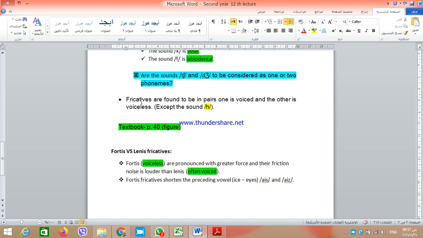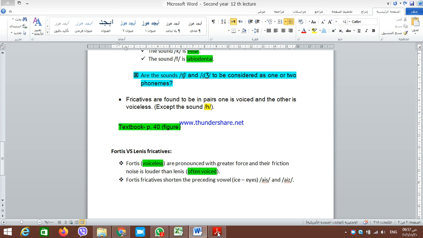Now, fricatives are found to be in pairs. One is voiced and the other is voiceless, except for the sound h. If we have a look at your textbook, page 40, there is a figure that shows the fricatives we have in English.